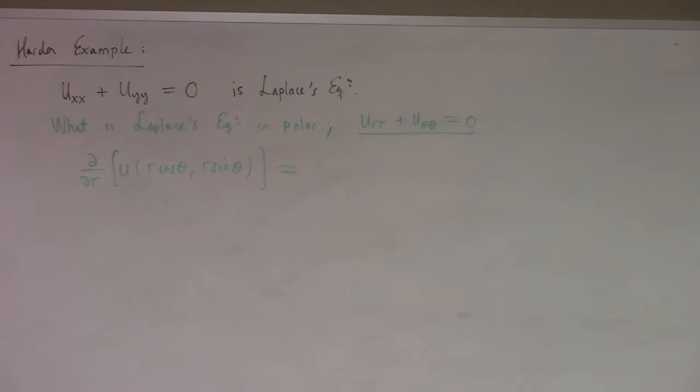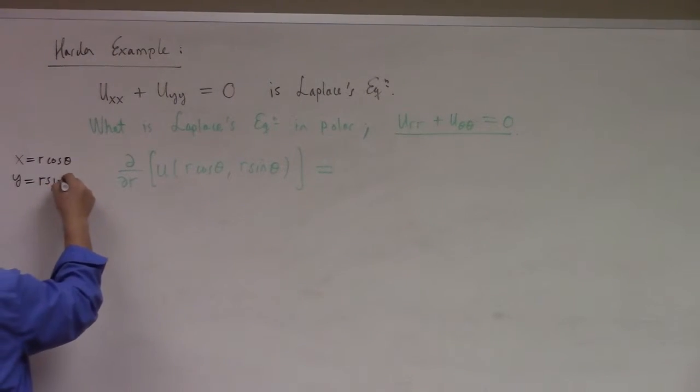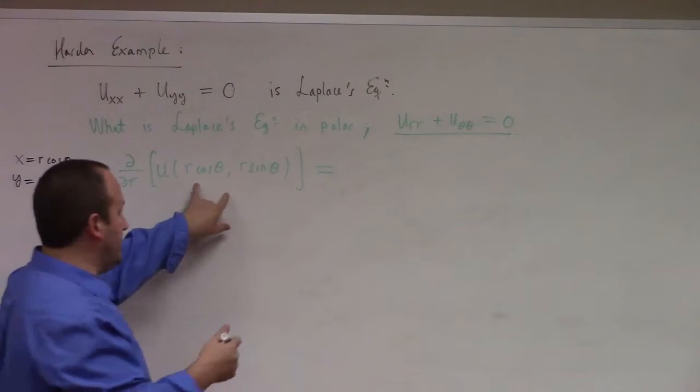I'm basically saying x is equal to r cosine theta, y is equal to r sine theta, and I want to calculate the partial derivative with respect to r of u rewritten in terms of polar coordinates. So what's the chain rule say here?